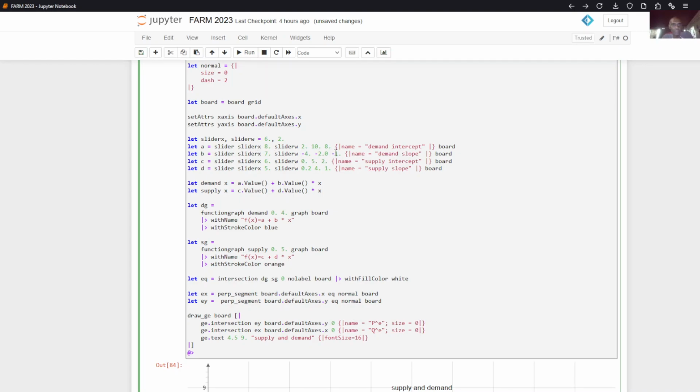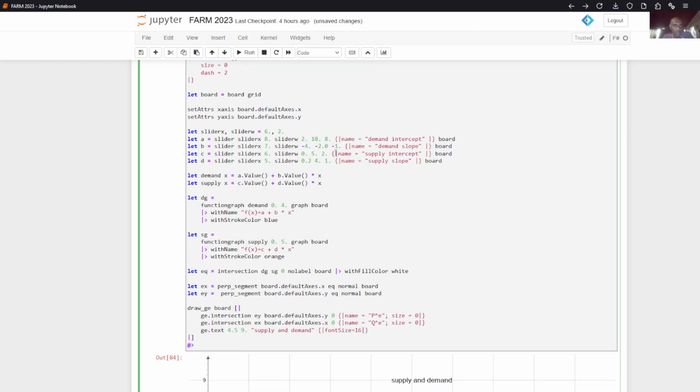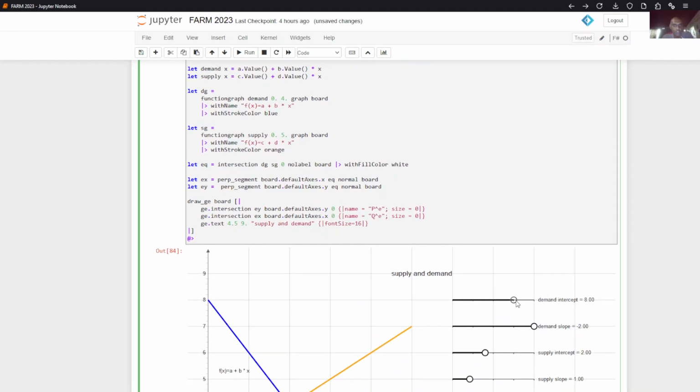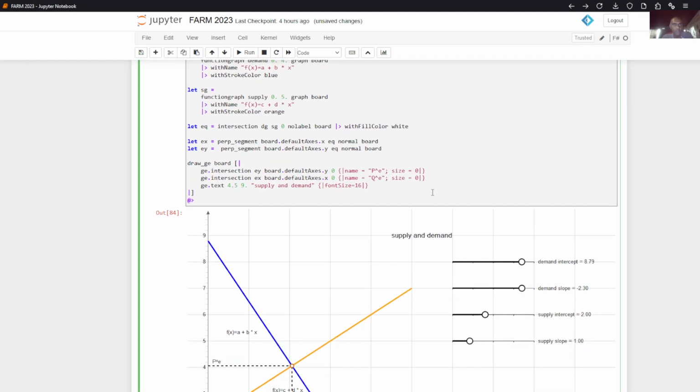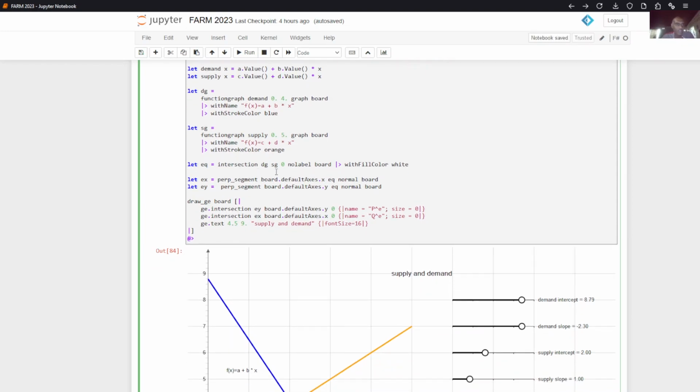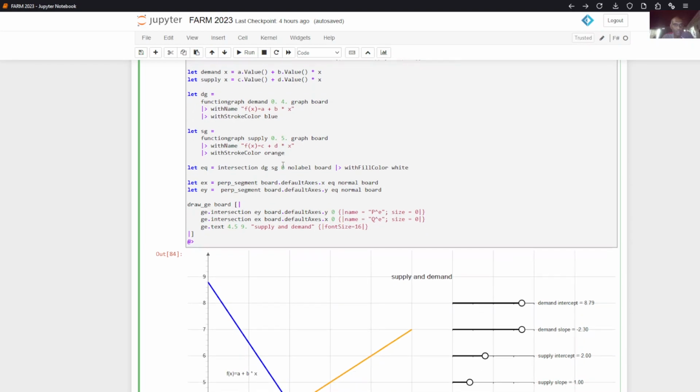We define what the slider name is, what the range is, where they're going to be on the board, and then we define our functions in terms of the sliders. So as we change the slider values, the visualization changes. Okay, and again, we're using this typical functional language interface. So in many ways it's a lot easier to define these things compared to JavaScript.